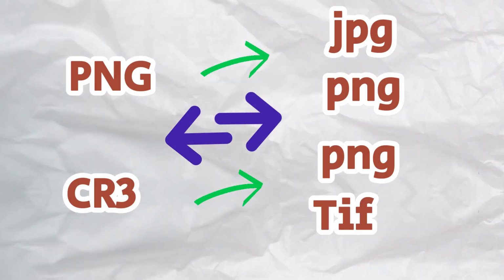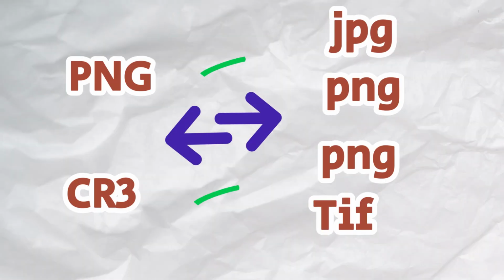In this video I'll show you how you can convert one photo file format into another. For example, converting a PNG format into a JPG, or converting a TIF or a CR3 file from a Canon camera into a JPG or a PNG for usability.